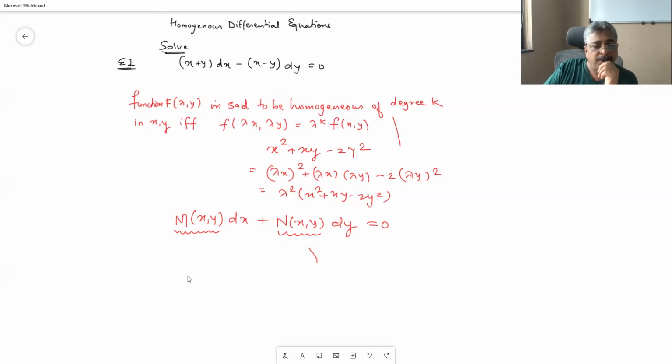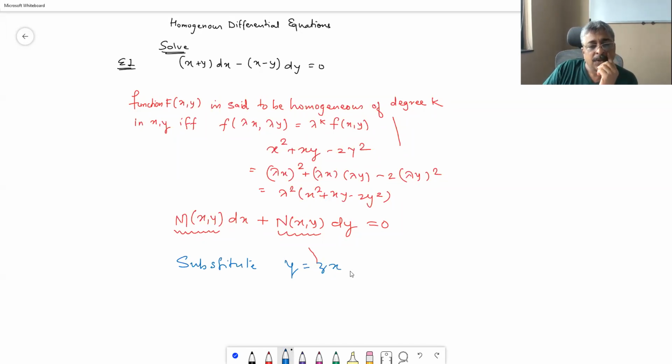Okay, substitution: y is equal to zx. So if we substitute y is equal to zx, instead of solving the general differential equation, let me solve the one which we have: (x plus zx) dx minus (x minus zx) dy.